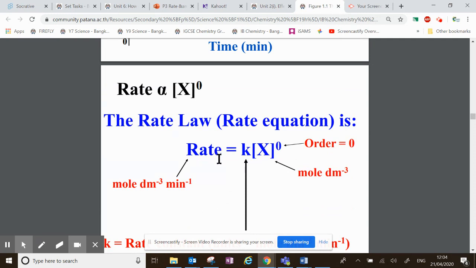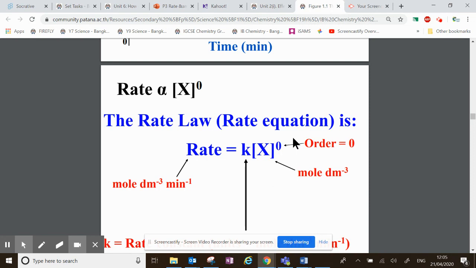Now, we've just seen that we can write this structure of an equation for a rate of reaction for each of the reactants. Rate is equal to a constant times the concentration of the reactant raised to the power of a number, which can either be a 0, a 1, or a 2 for your purposes.